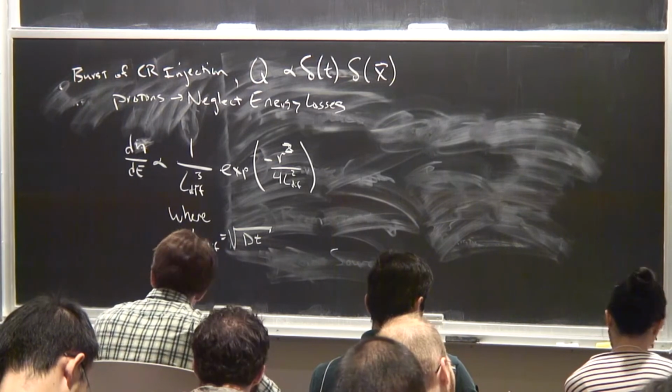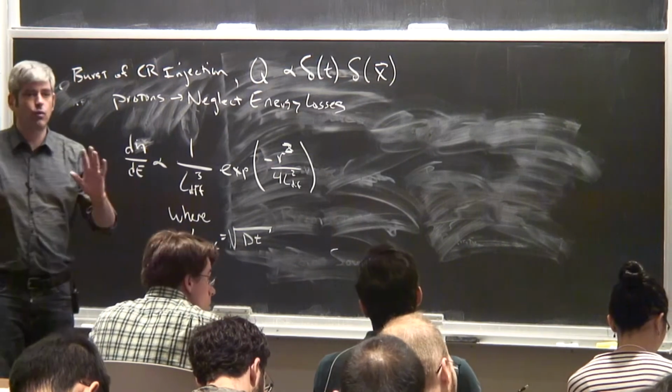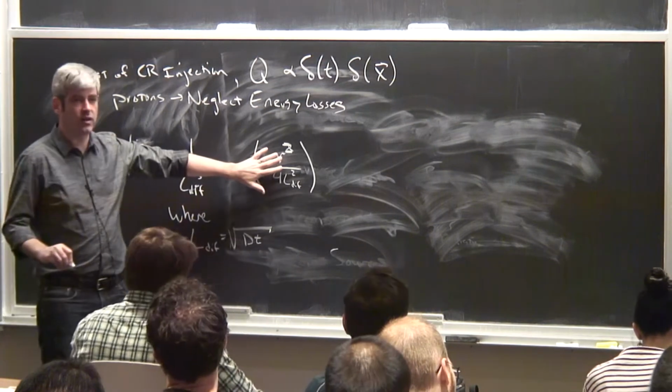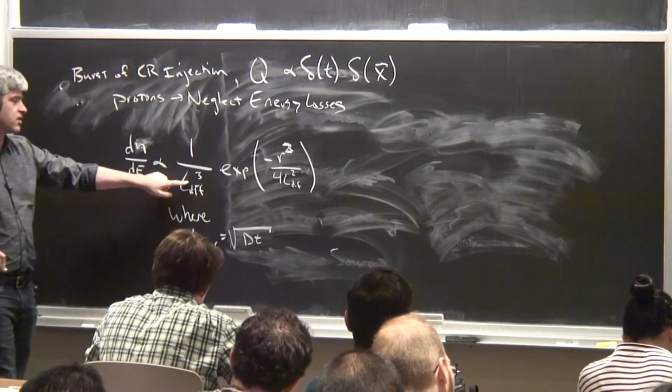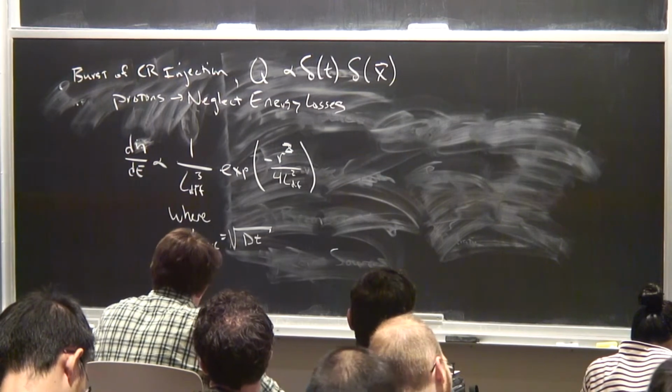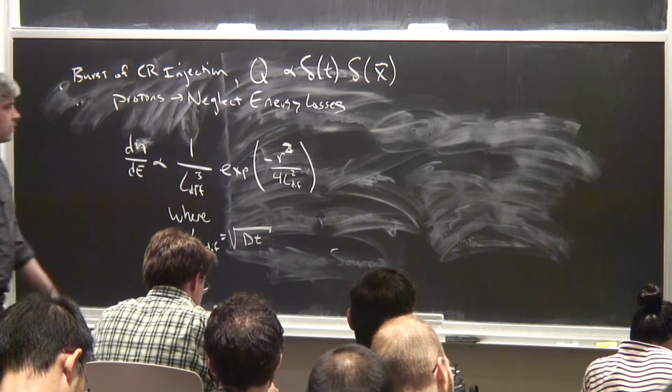So here's the point. If I'm well within one diffusion length, this exponent is close to 1, and I'm just diluting the number of particles by the volume of the diffusion region.